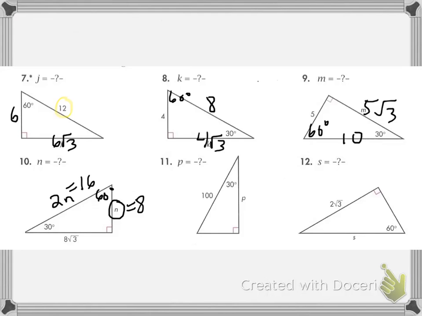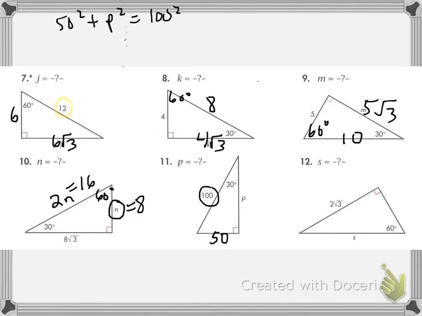Okay, so the next one is pretty straightforward. It's very much like 7, 8, and 9. We know that the hypotenuse right here is opposite the 90 degrees, so that's the long one, so the short side has to be half of that. The short leg is right there, 50. So we get 50 squared plus p squared equals 100 squared.